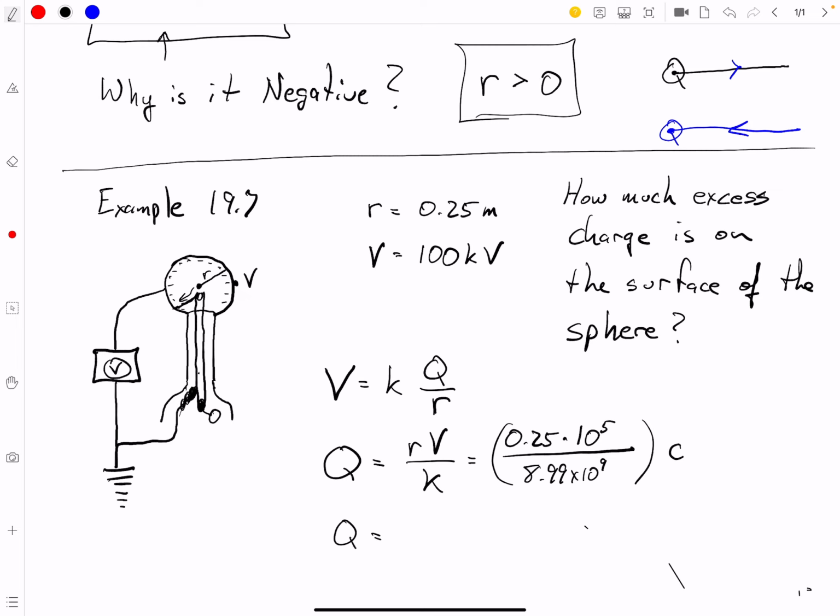So our Q equals that. I don't have any advice in this situation. You just plug it in, I guess. And you get 1.39 times 10 to the minus 6 coulombs.